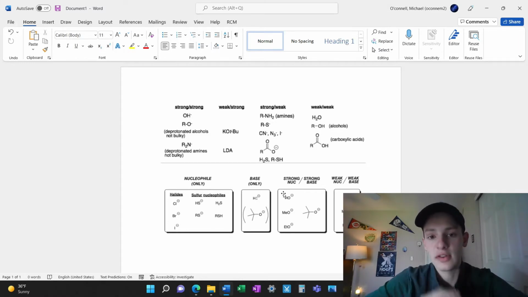However, when we move down a group, basicity actually does decrease, because when we think about basicity, we need to remember that we are considering the compound's ability to remove a proton. And we also need to remember that when we talk about nucleophilicity, we are going to need to ask ourselves what ability the compound has to donate an electron pair.